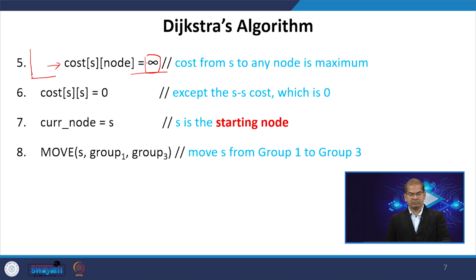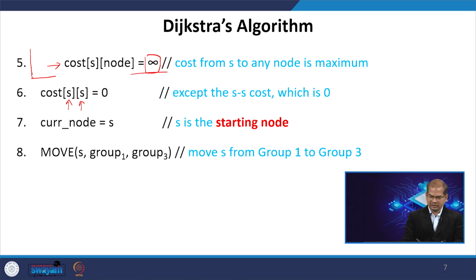Now, we have the start node cost. The start node cost is 0, because it is the starting node, so the distance will obviously be 0. The start node and the target node are the same initially, so the cost, or the distance, or the weight is 0.